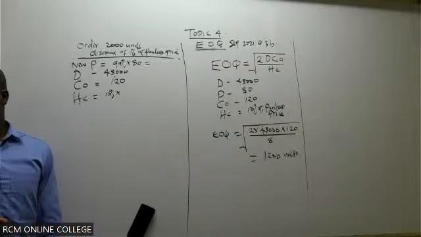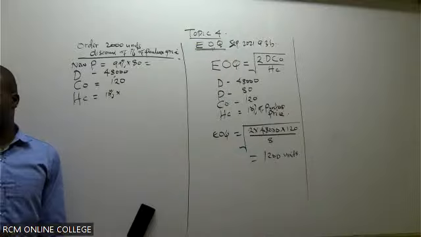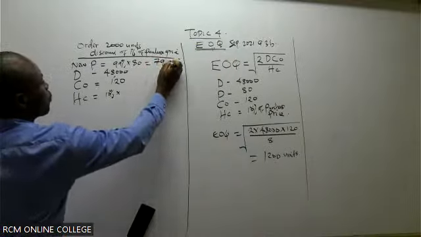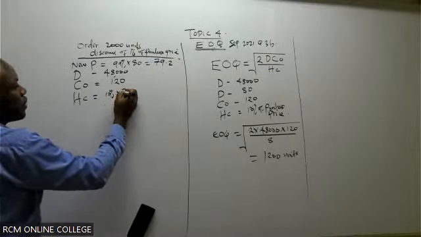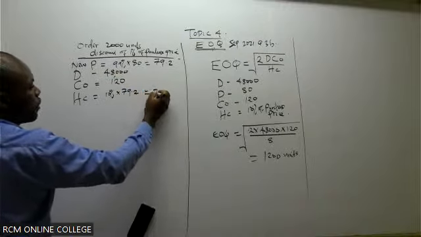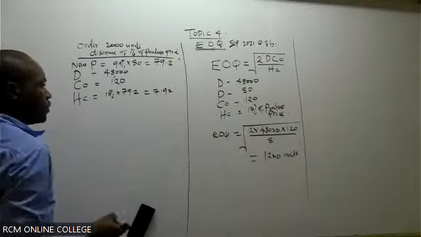That is 99% of 80, which is 79.2. It means our holding cost here is going to be 10% of 79.2, which gives us 7.92.